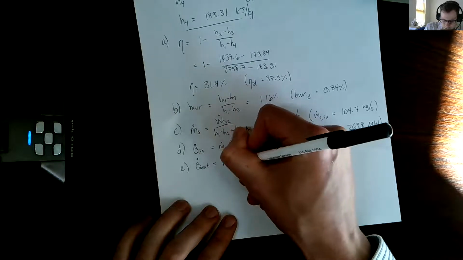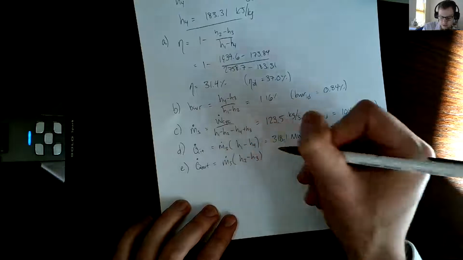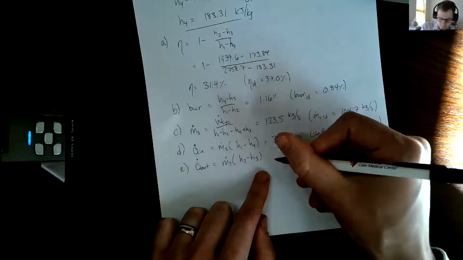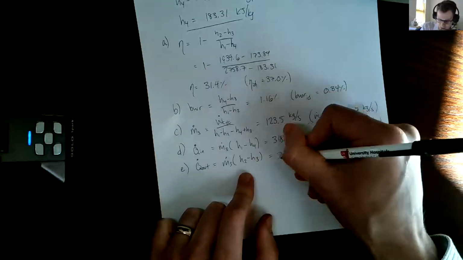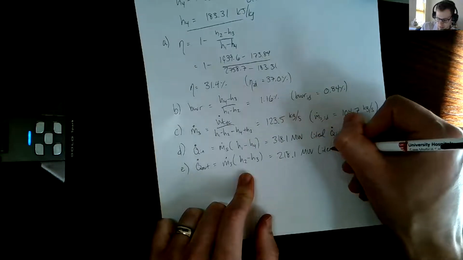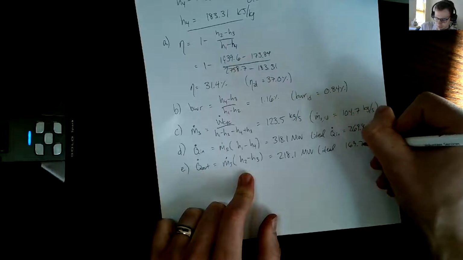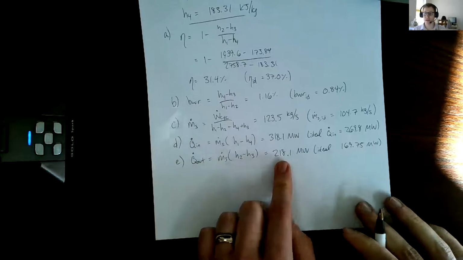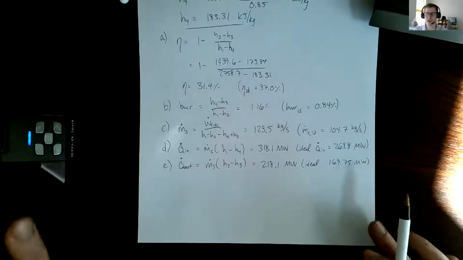Likewise, Q dot out was m dot s times H2 minus H3. This is the heat that goes out through the condenser. I have all these numbers again, so the answer comes out to be 218.1 megawatts, and the ideal was 169.75 megawatts. So this one might be less obvious as to why this goes up. If you look at the equations for the overall thermal efficiency, you'll see why that is.